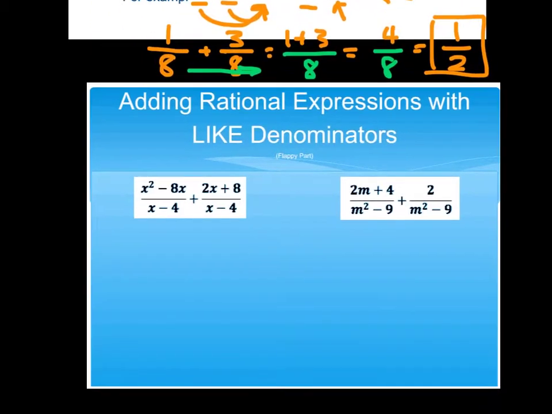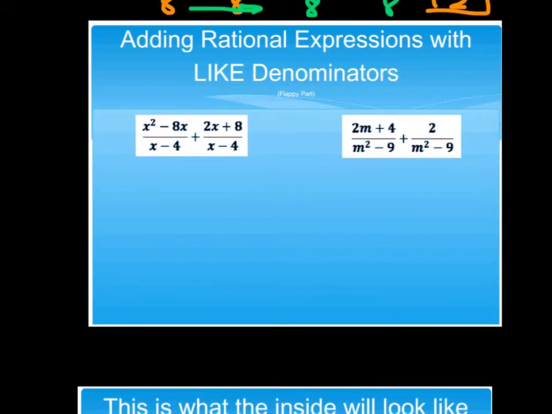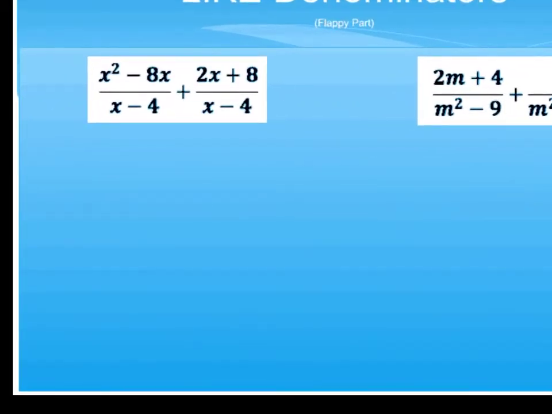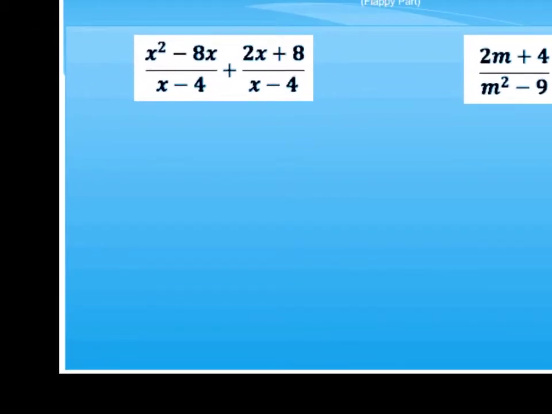Let's move on, and actually on the flappy part we're going to do a couple of practice problems. So we have x squared minus 8x divided by x minus 4 plus 2x plus 8 divided by x minus 4. So essentially, now let's zoom in and actually do this problem.